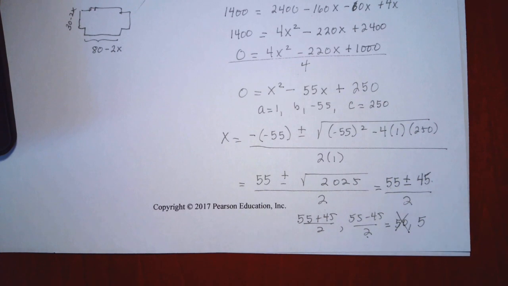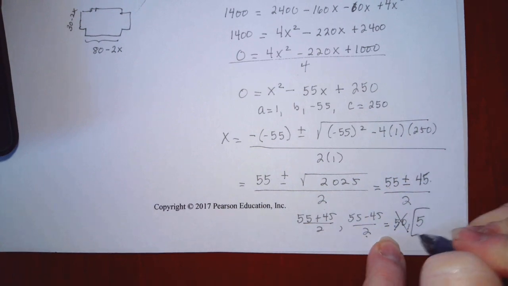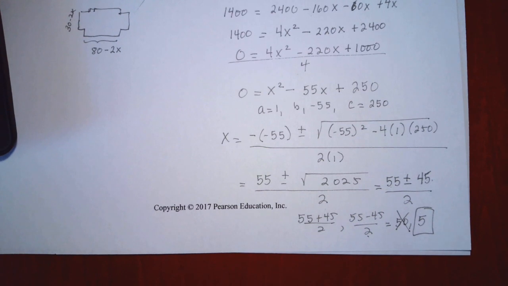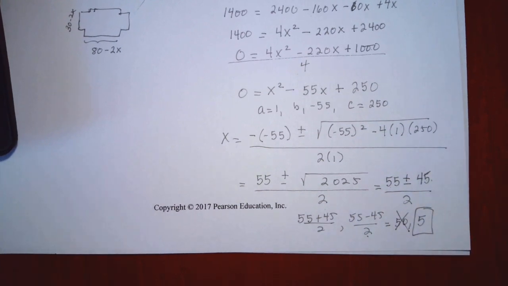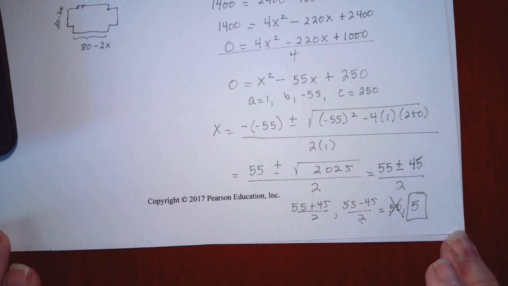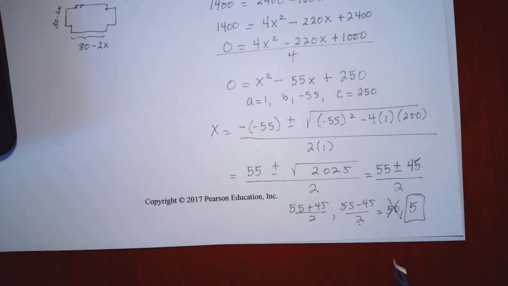So while it is a solution to the quadratic equation, it's not a solution in the physical sense of the setup of this problem. So our x would have to be 5 centimeters long, and the sides of the squares would be 5 centimeters each, because the other option, that 50, is too big for the lengths of the sides that we had to start.